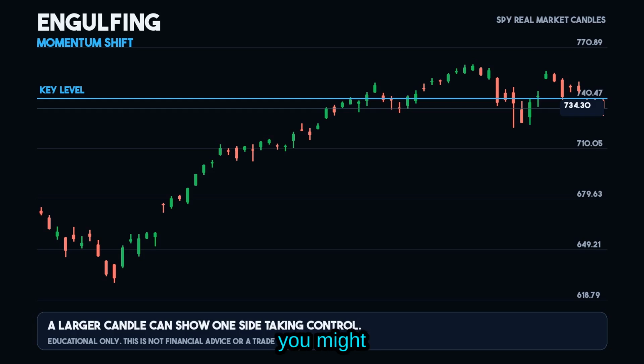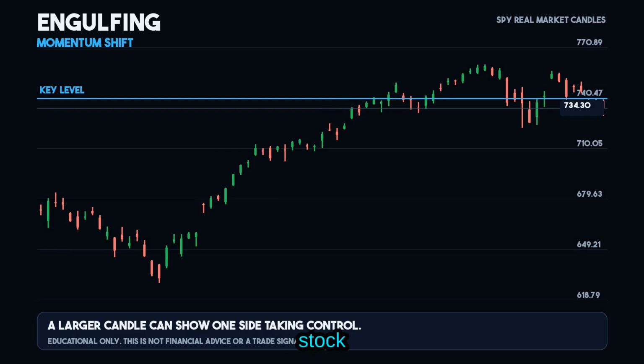For example, you might be looking at a chart of ABC Inc. and notice a series of higher highs and higher lows over the past week. However, on the most recent trading day, the stock price fell significantly, forming a small red candle that engulfed the entire body of a green candle from the previous day.